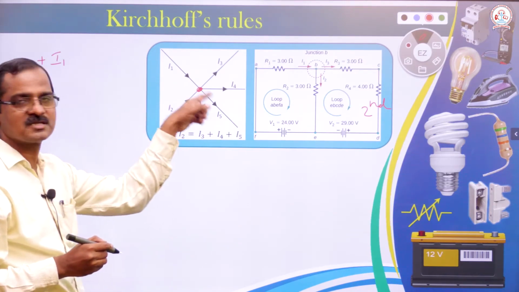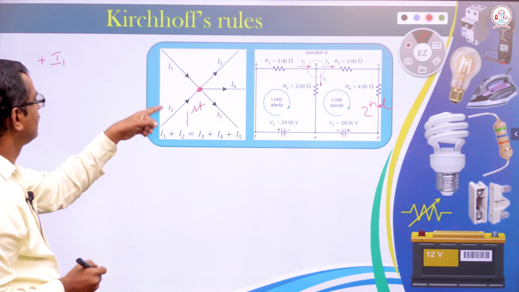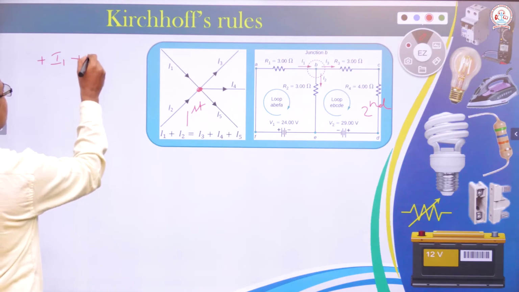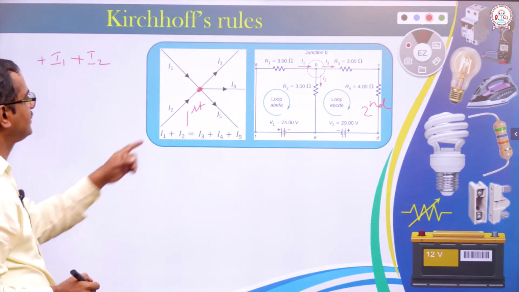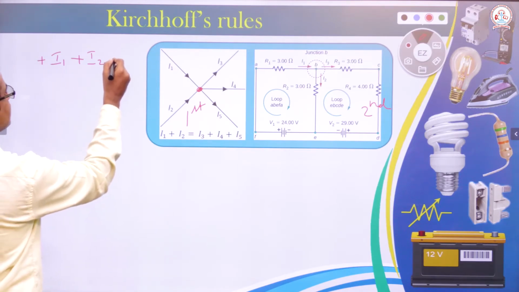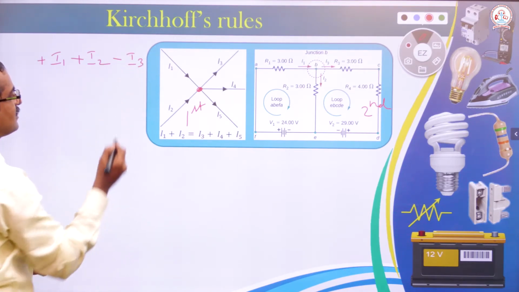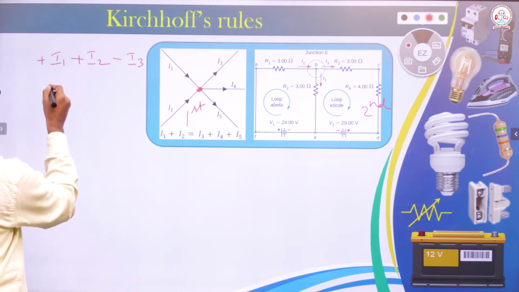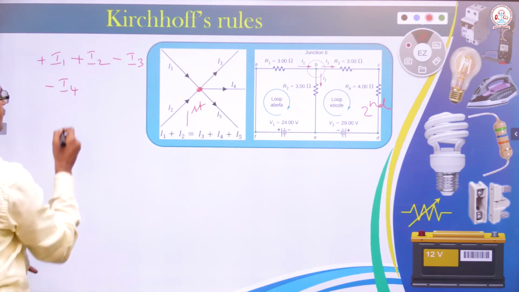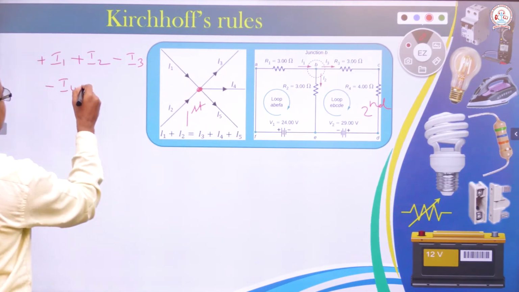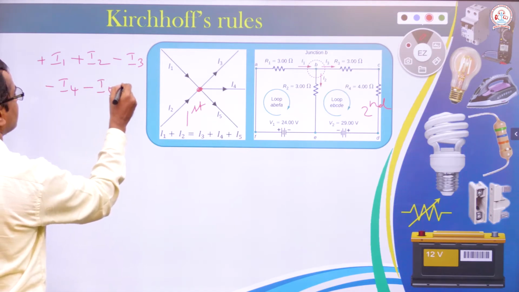I2 is also towards the junction, therefore plus I2. I3 is flowing away from the junction, therefore minus I3. Similarly minus I4 and minus I5. That is equal to 0.